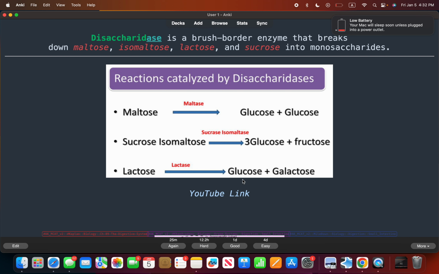LGLG gives you the galactose and glucose, right? And maltose is again glucose and glucose, so it's GG. And sucrose is glucose and fructose, SGF, standard girlfriend.